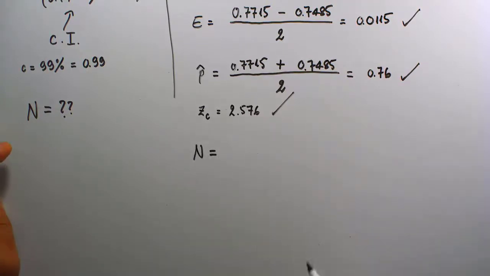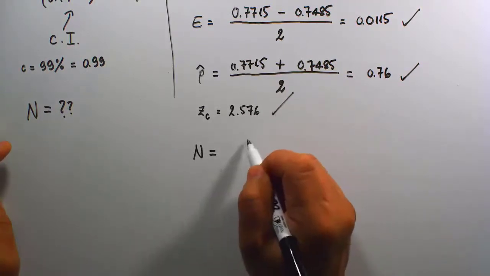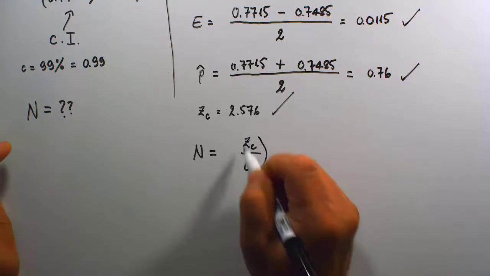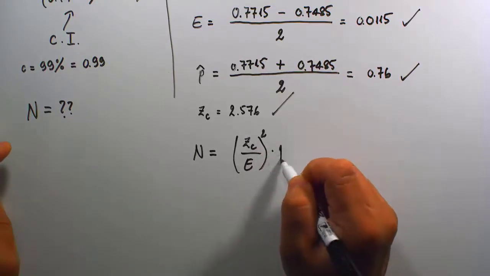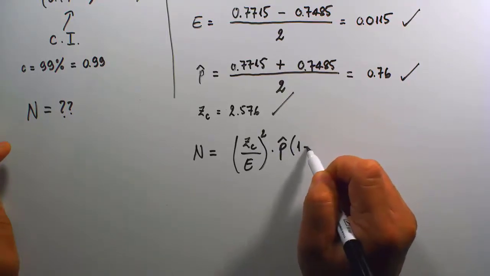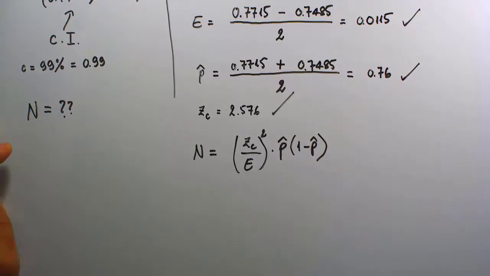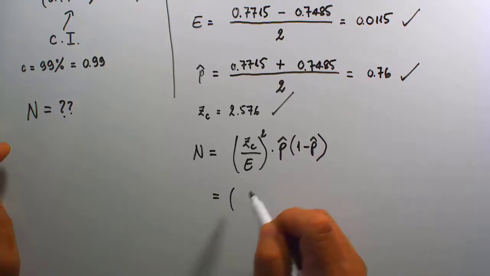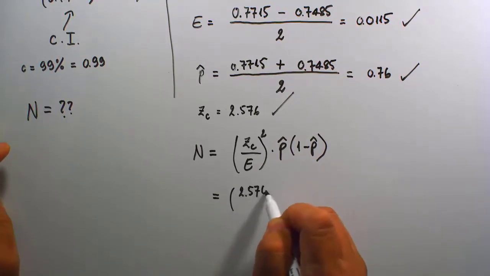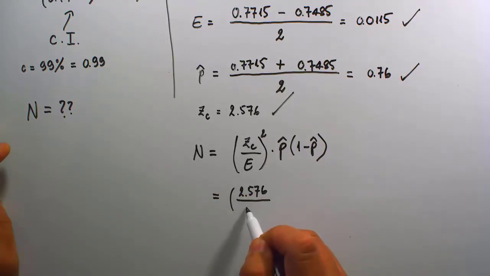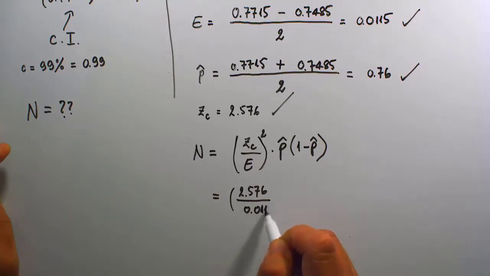So n equals, once again, z sub c divided by margin of error, squared, multiplied with p hat times 1 minus p hat. Now we're looking at 2.576 substituted for z sub c, divided by 0.0115 substituted in for margin of error, squared.